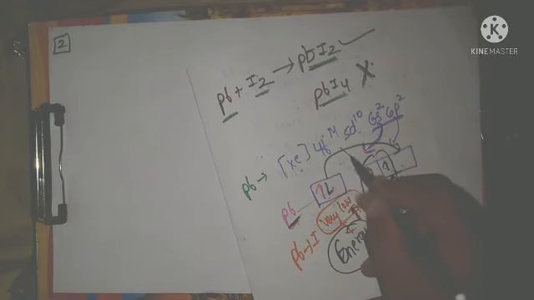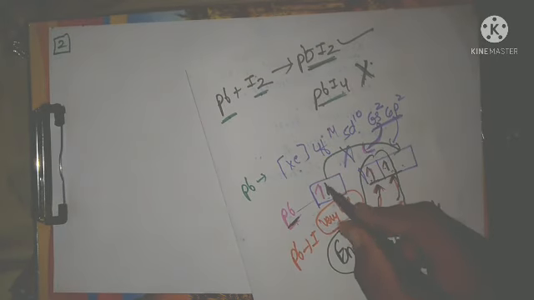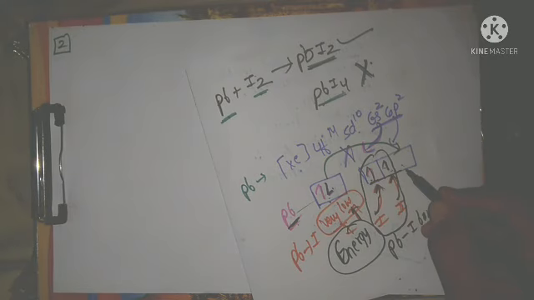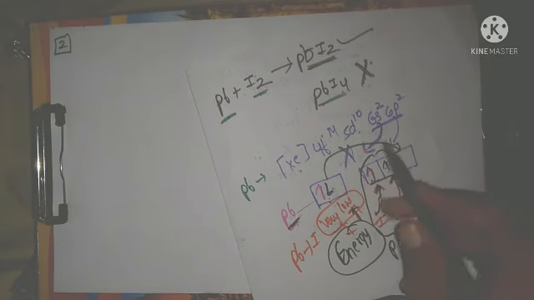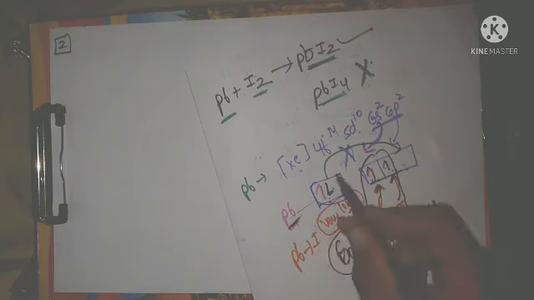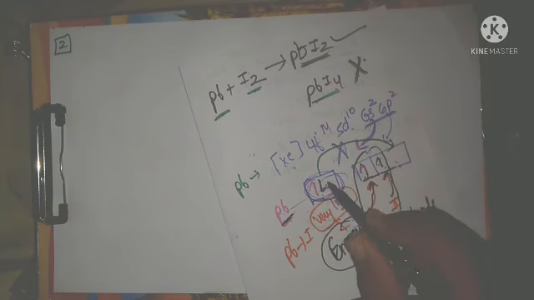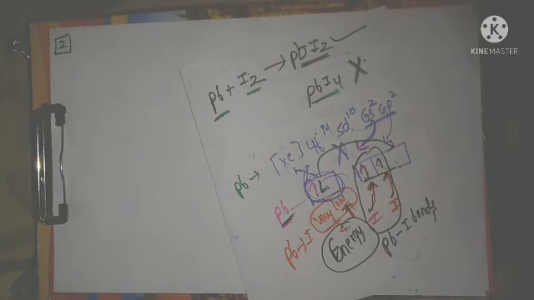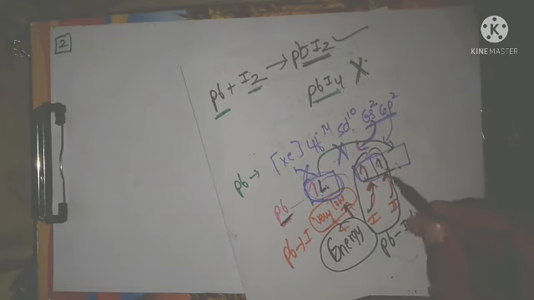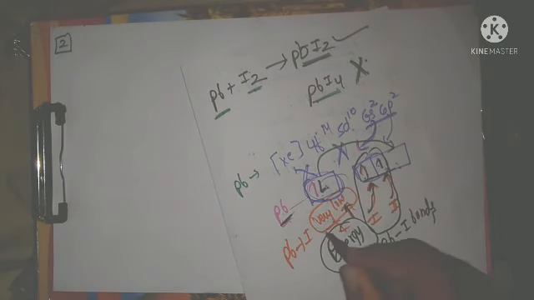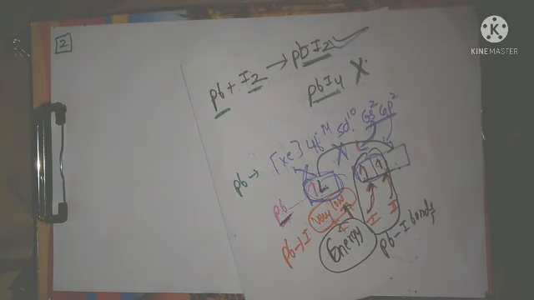Electron shifting is not possible, so the s electrons remain paired. Therefore they are not forming bonds; only the two unpaired electrons form bonds with iodine, so it can form only PbI2. Just remember PbI2.